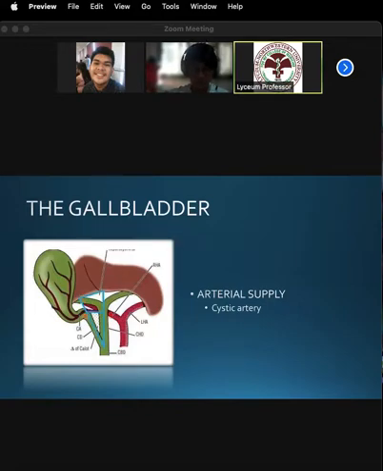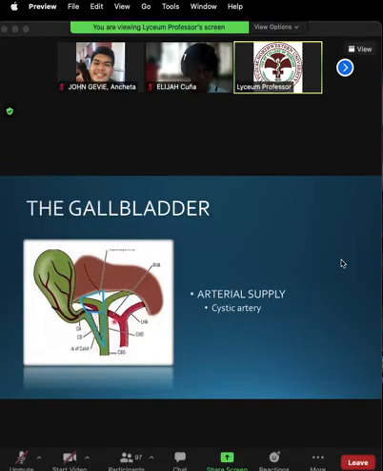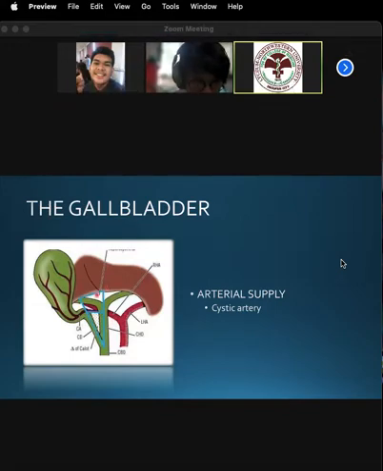The triangle of Calot is bounded by the inferior edge of the liver superiorly, the cystic duct laterally, and the common hepatic duct medially. When looking for the cystic artery, this is where you look for it inside the triangle of Calot. That's the first thing we usually identify before dissecting the gallbladder from the hepatic bed.